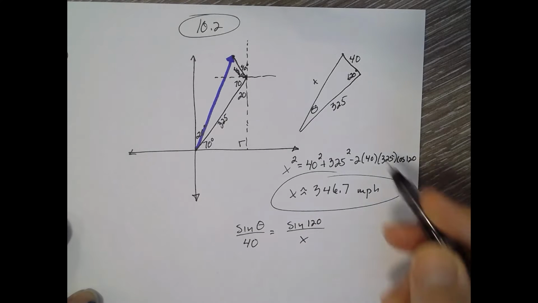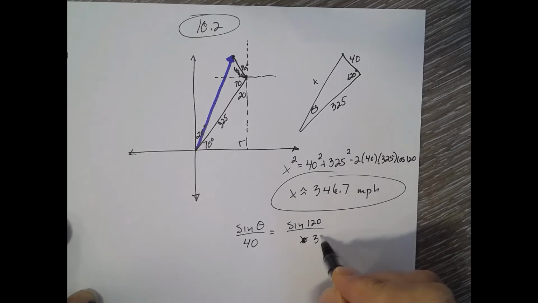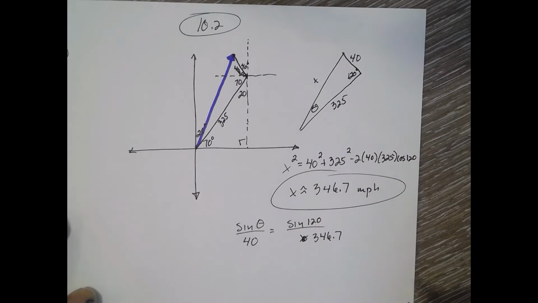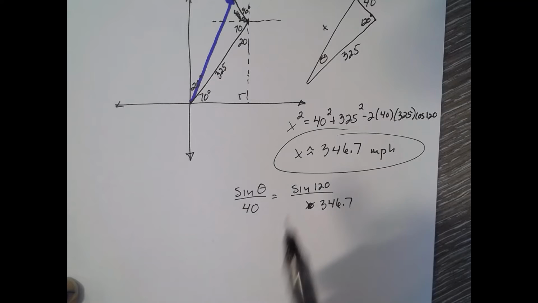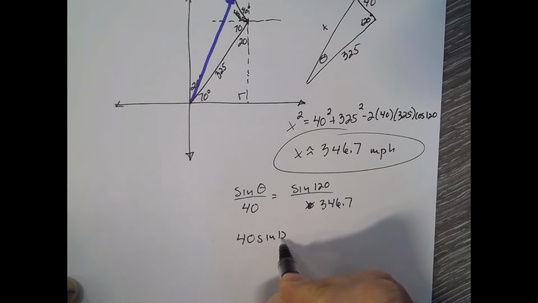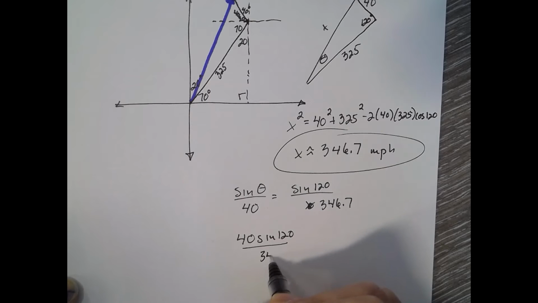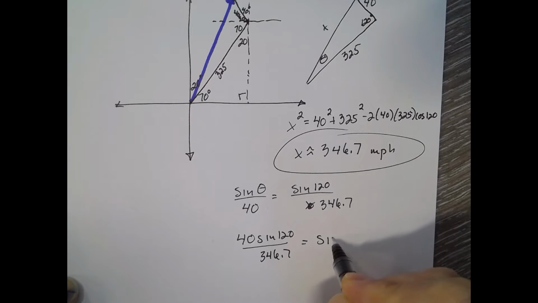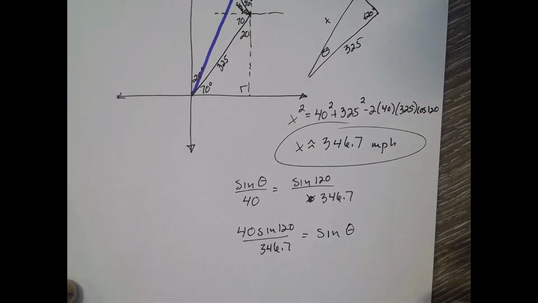Oh, x we know is 346.7. Alright, so we're going to cross multiply, so 40 sine 120 divided by 346.7 is equal to the sine of theta, inverse sine of that, and we get our angle.